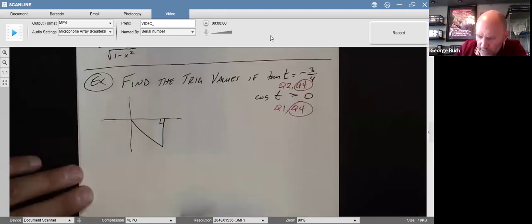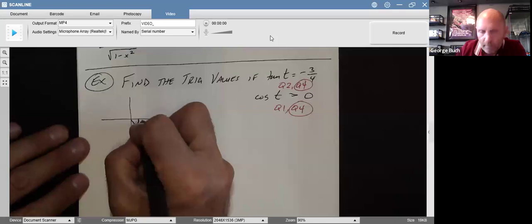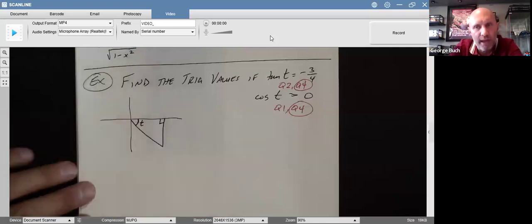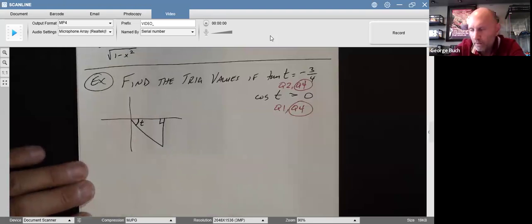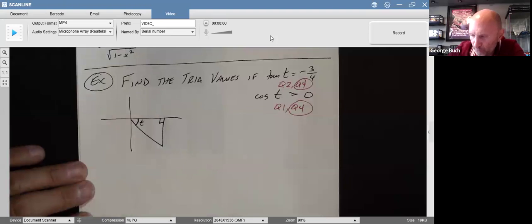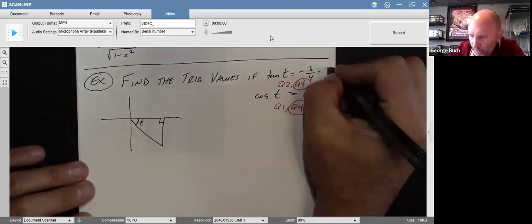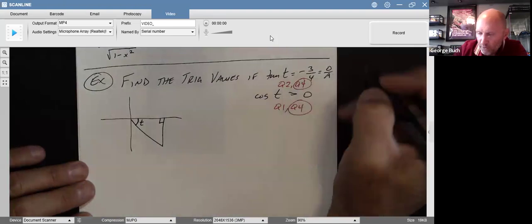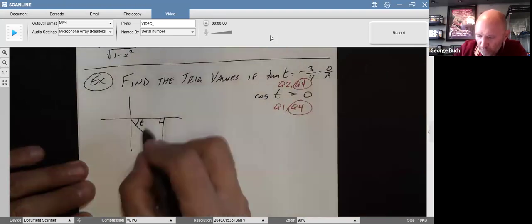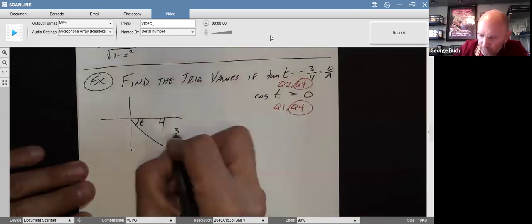I'm going to put t so that it touches the x-axis. Now I'm going to use SOHCAHTOA to start figuring out these other sides. Tangent by SOHCAHTOA is opposite over adjacent. So from t, opposite here is 3, adjacent is 4.